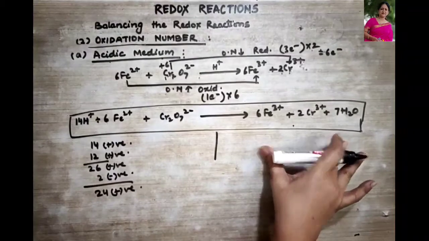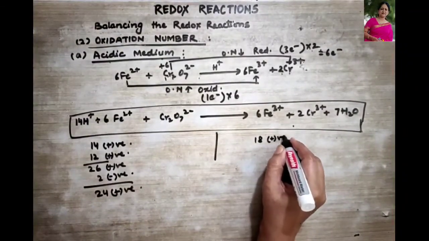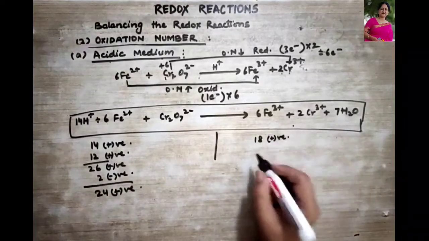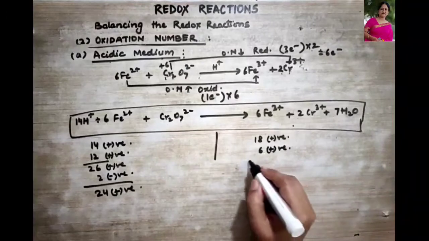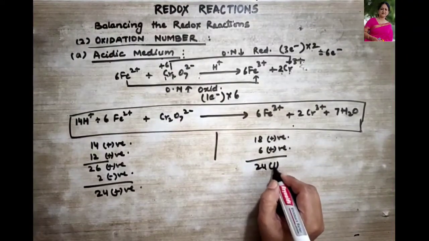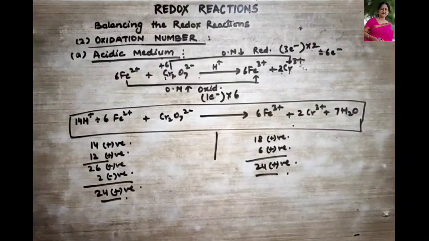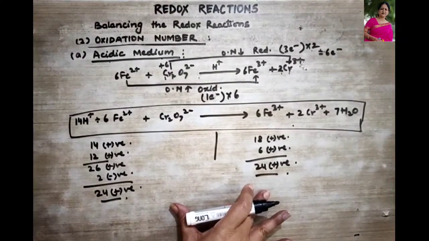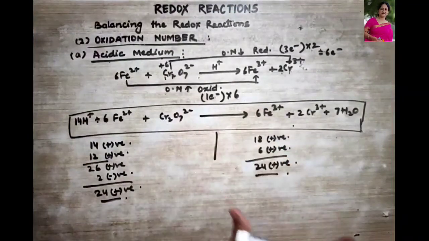Now let us look at the product side. 6 3s are 18 positive charges, 3 2s are 6 positive charges. This is a neutral molecule. So 18 plus 6 makes it 24 positive charges. So you can see charges are balanced exactly the same on both the sides. Hence we can say that this equation is balanced. I hope this is very clear to you.